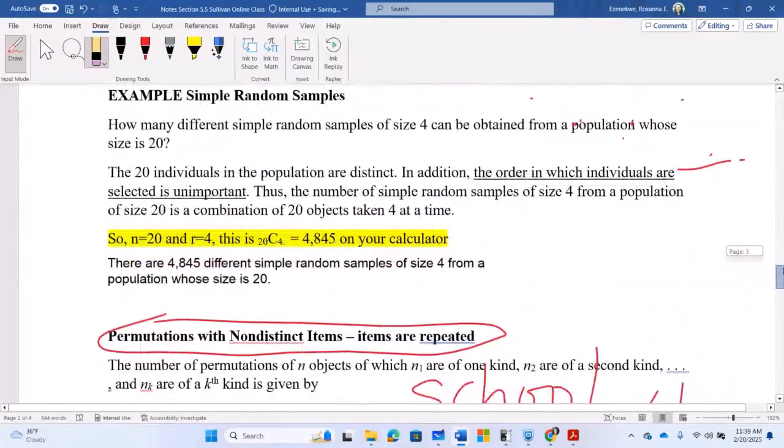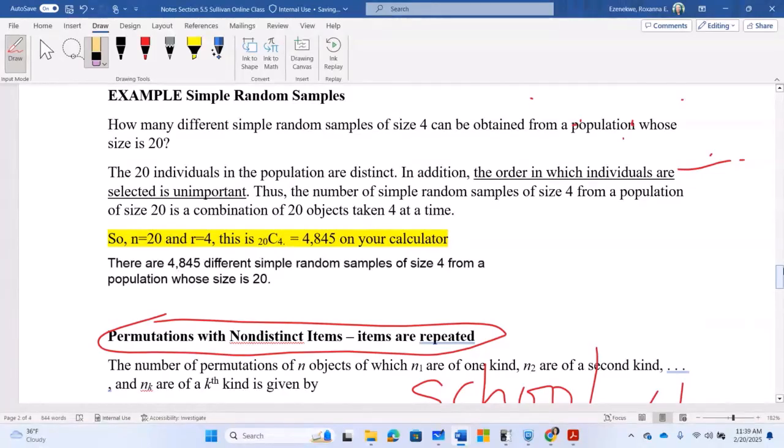How many different simple random samples of size 4 can be obtained from a population whose size is 20? The 20 individuals in the population are distinct, so they are human beings. In addition, the order in which individuals are selected is unimportant.